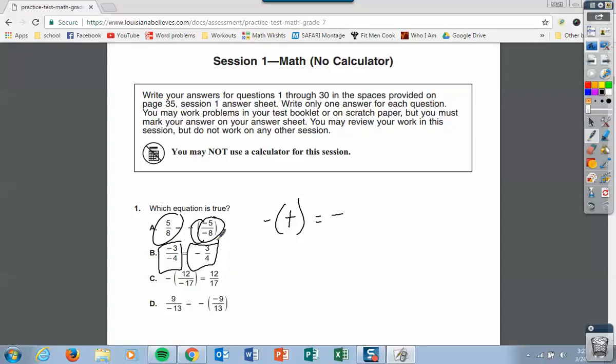Not true. Here, I've got a negative on the inside, and I'm taking the opposite of the negative, which is a positive. That one looks pretty good. Over here, this is a negative number, but it's the opposite of that, so that is a positive number. Therefore, that one doesn't work, and we're left with just having C as our answer.